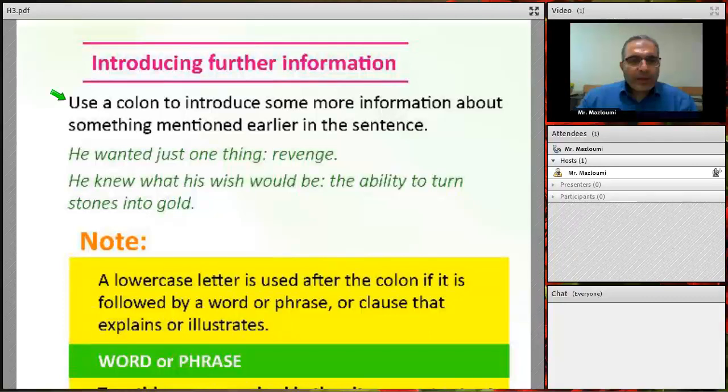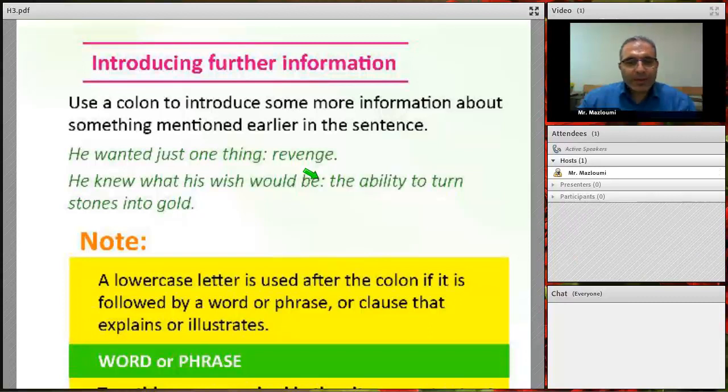He wanted just one thing. So, what did he want? Colon, revenge, to add further information. Or, he knew what his wish would be. So, what was the wish? I'd like to add further information. Colon, the ability to turn stones into gold.